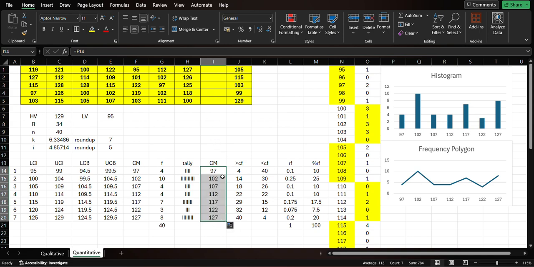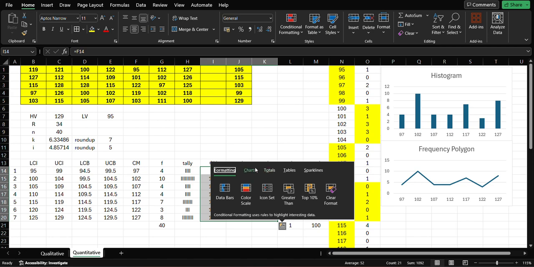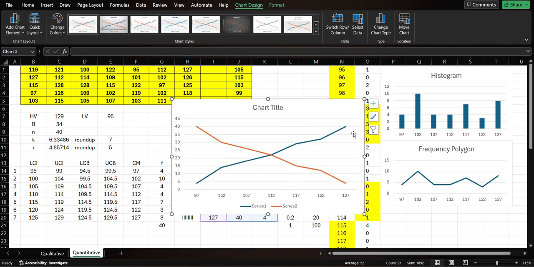Now the last would be called an ogive. For the ogive, we're going to insert another column here, which is CM. We're going to copy this CM again, type the equal sign, and then select the cell that you want to copy.